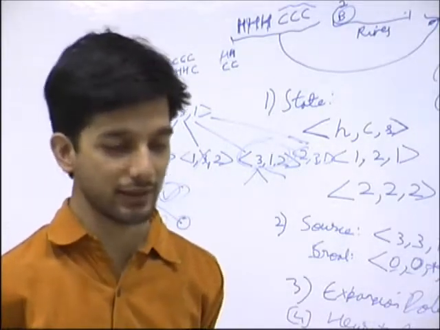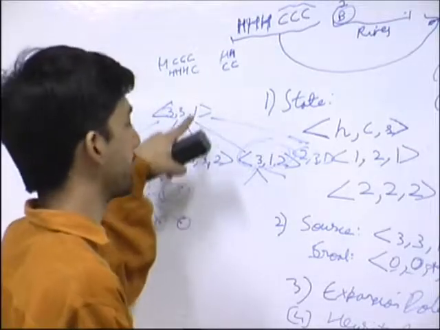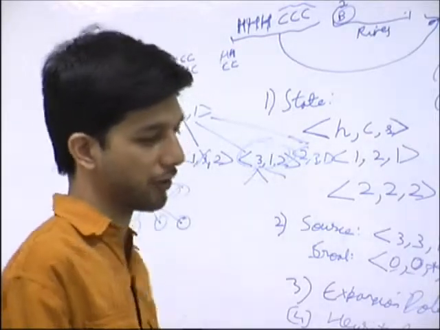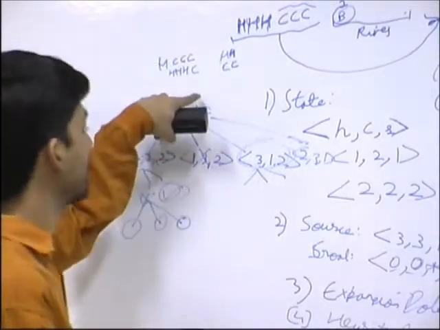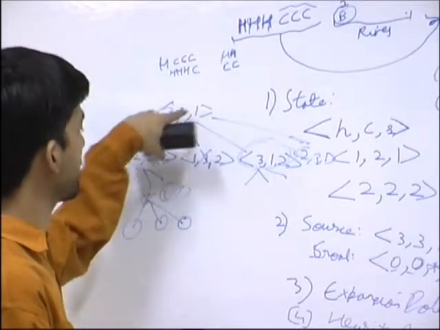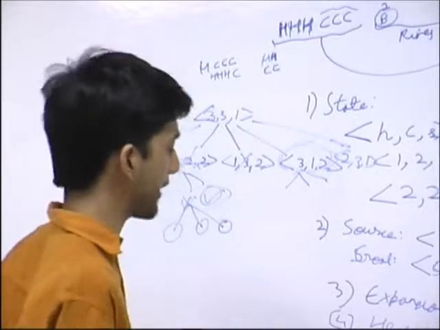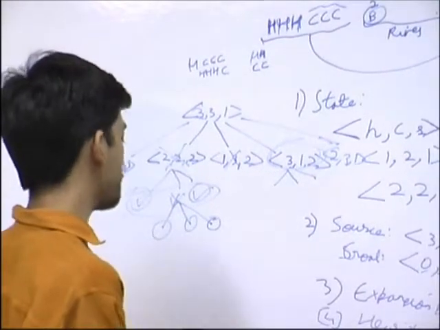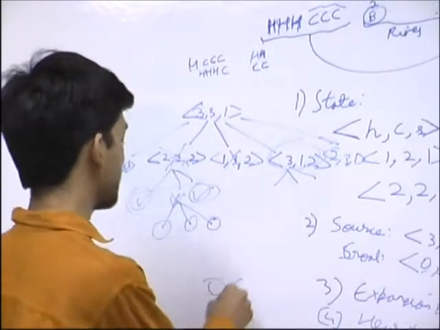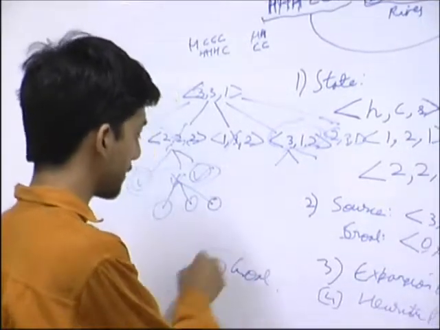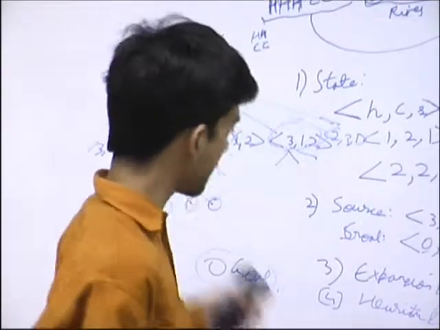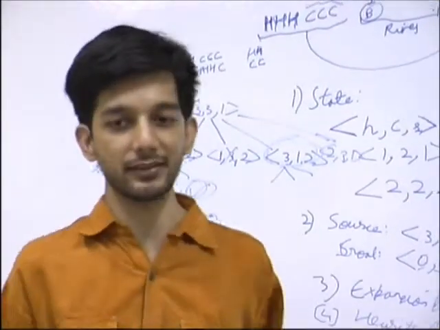So let's say it was A-star algorithm using the technique from trying to minimize distance from source to goal, or an uninformed search trying to minimize the distance from the source, in which there will be a layer-wise decomposition, there will be a layer-wise expansion. I ultimately need to come to a state known as a goal state. That's what my expansion is. If any expansion can reach me here, I am done.